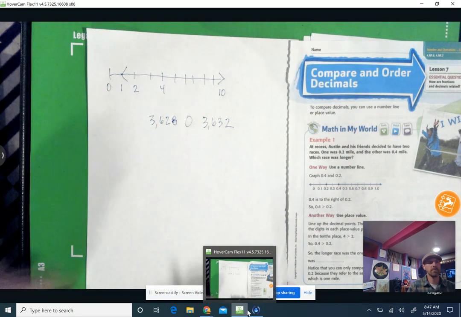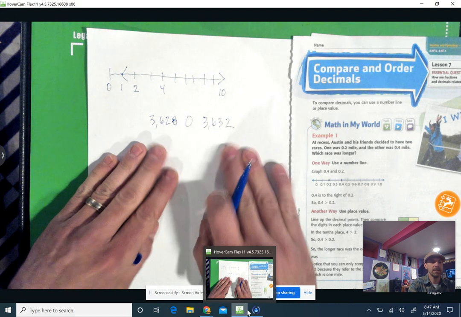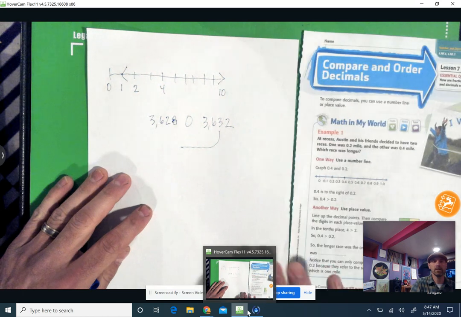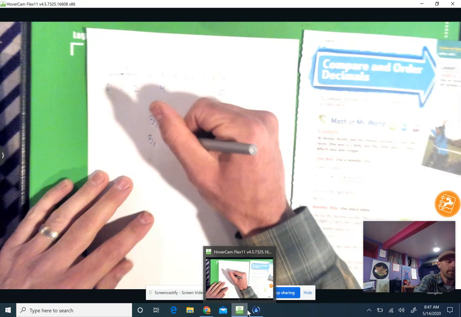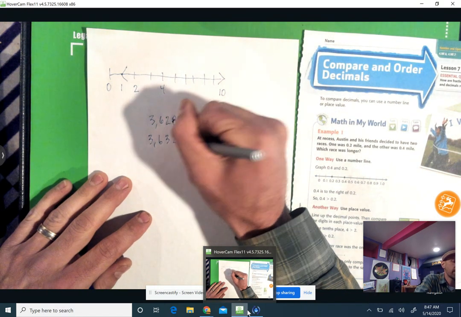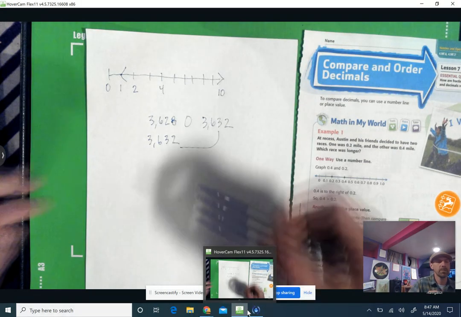And oftentimes you're given two numbers to compare, and they are side by side like this. The strategy is to stack the numbers on top of each other, just like we do in number one with mountain math. Now they're stacked, and now we can clearly compare these two numbers.